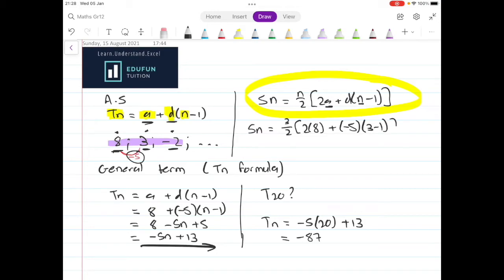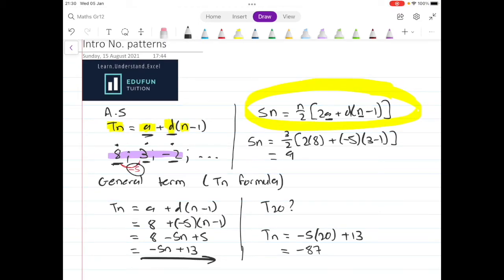So 3 minus 1, and that's it. So if you put this whole thing in your calculator, you can put it as 3 over 2 into 2 times 8 plus minus 5 into 3 minus 1. And then close that bracket. And you're going to get 9 as we had before, just to make sure of it, yeah? So that's where we're going to use this new concept of sum of an arithmetic sequence.